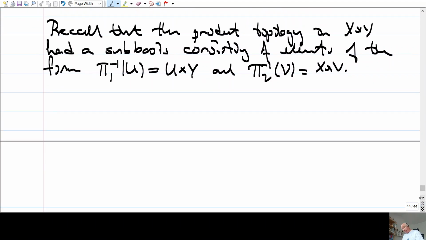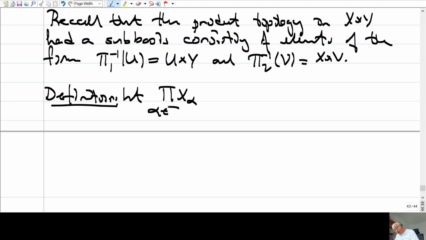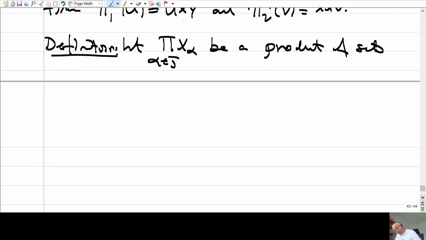So here is the definition. Let the product over alpha in J of X alpha be a product of spaces, a product of sets, where each X alpha is a topological space.